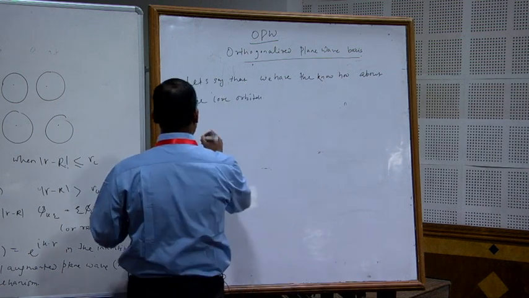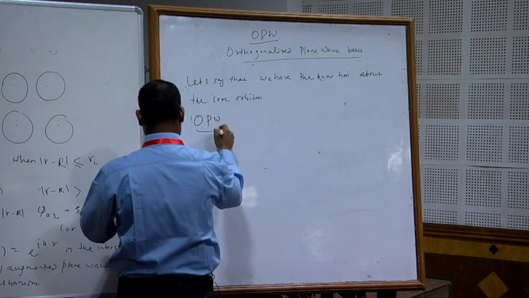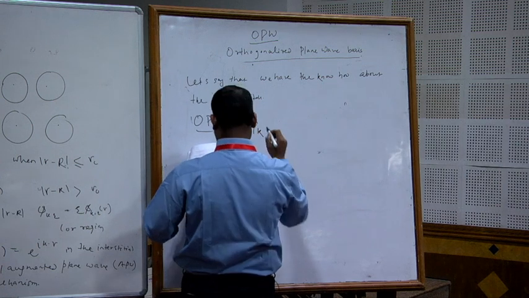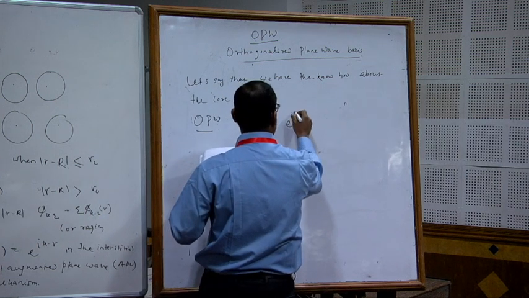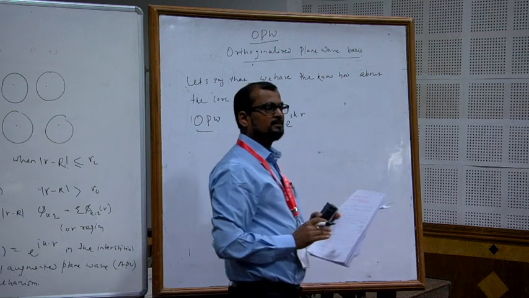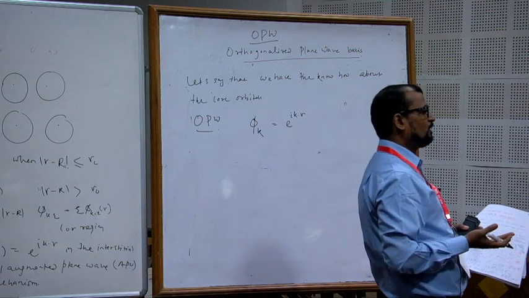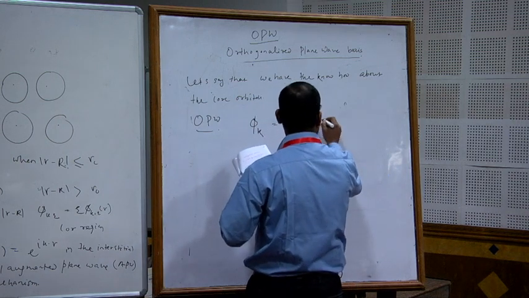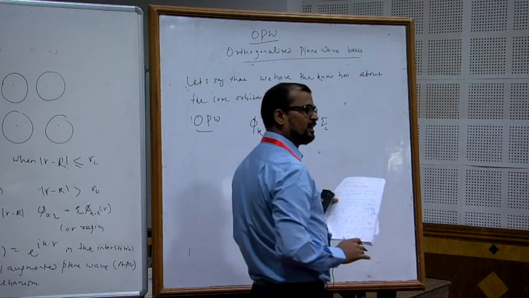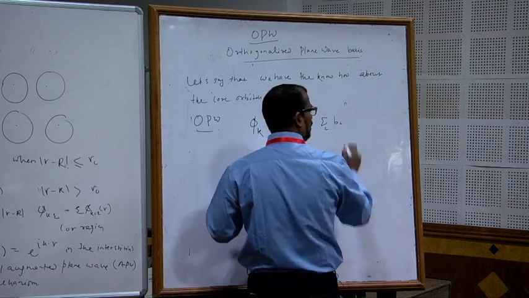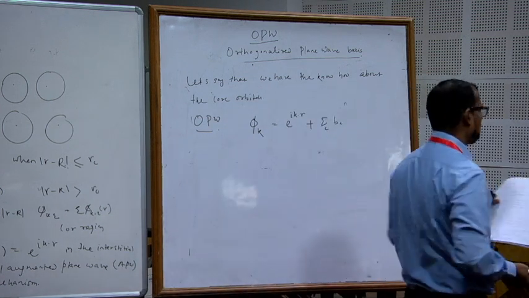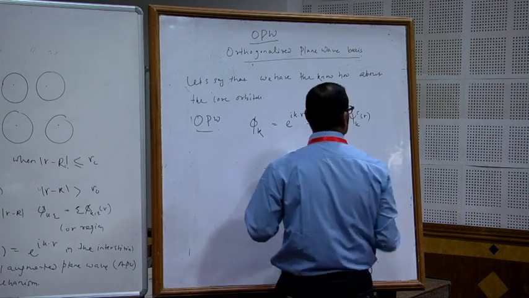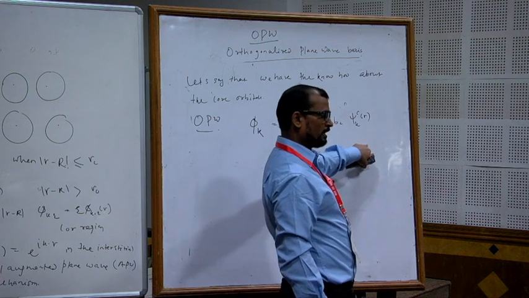Then what I will do is say that my OPW, applicable for my valence wave functions, can be defined as e to the power i k dot r, that is of course the solution in the interstitial, plus a linear combination of all the known core orbitals, psi_k^c. These are my localized orbitals.